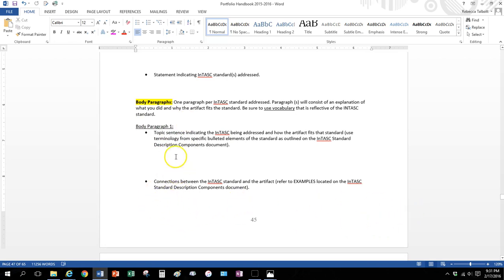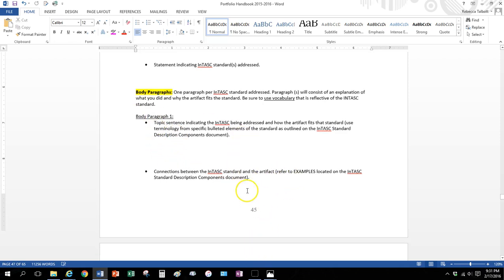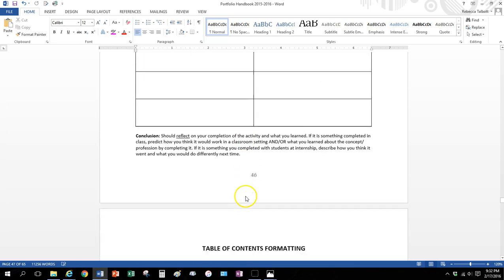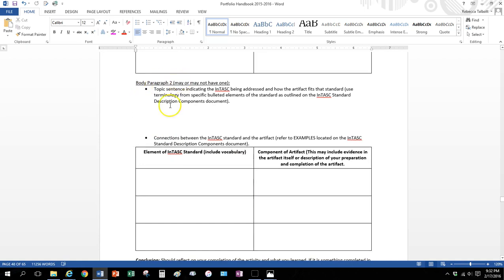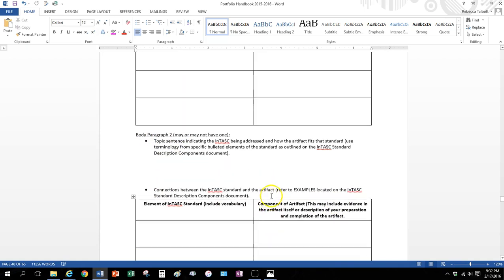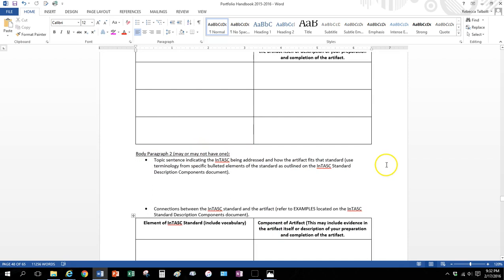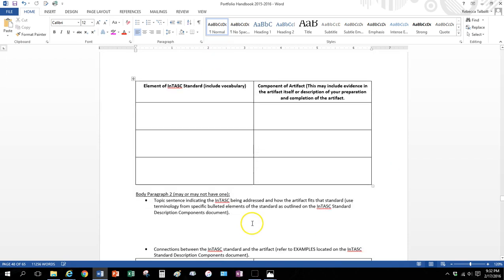If you have one that meets just one standard, then you only have one body paragraph. But there is another section here, body paragraph 2, if you happen to have it meeting another in-task standard. If it only meets one, then you only have one of these body paragraph sections to fill out.